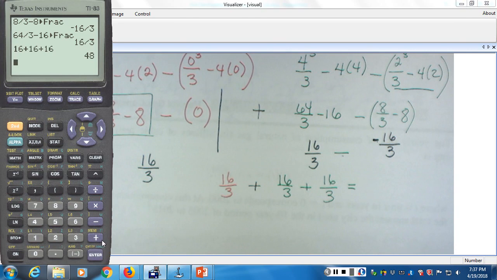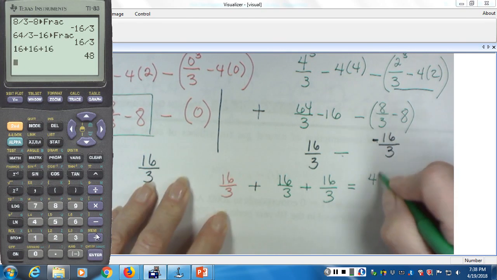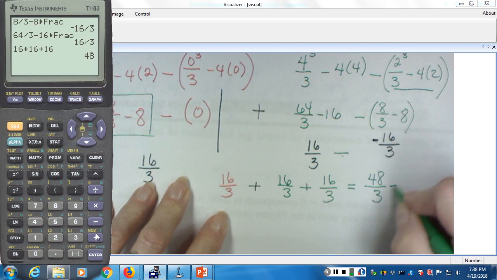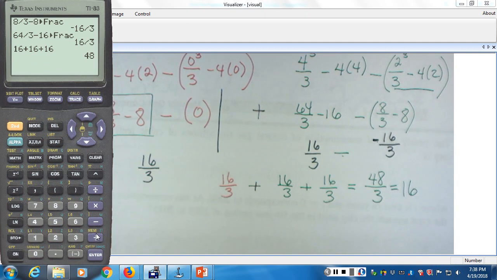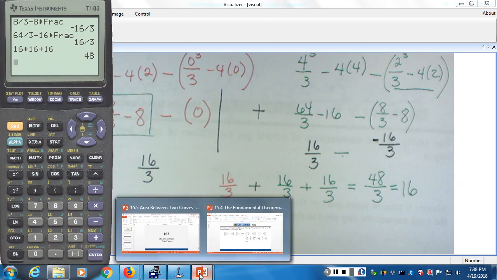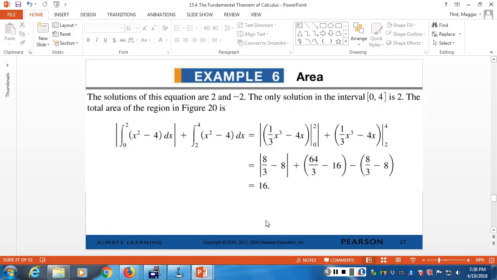Which is 48 over 3, if I did all the arithmetic right, which turns out to be positive 16. Okay? And that is what they got. So even though the calculator initially told us the area was, what, 5 2/3? It's actually 16. That's the total area.